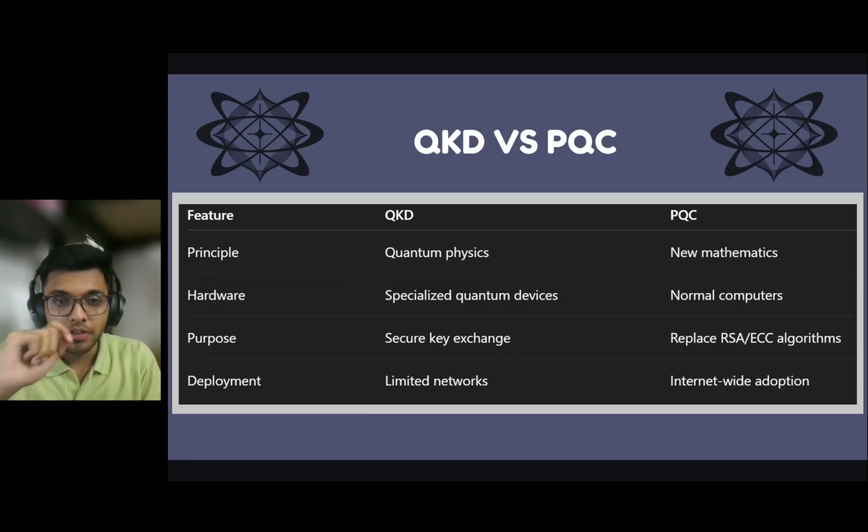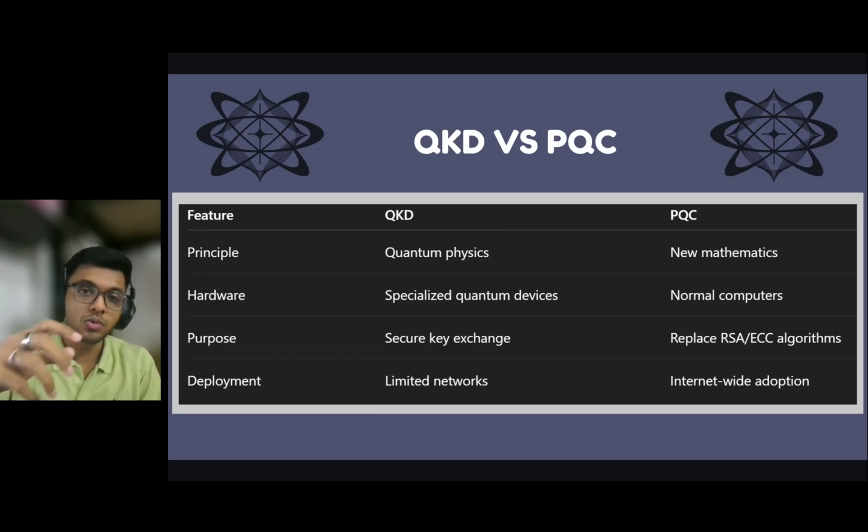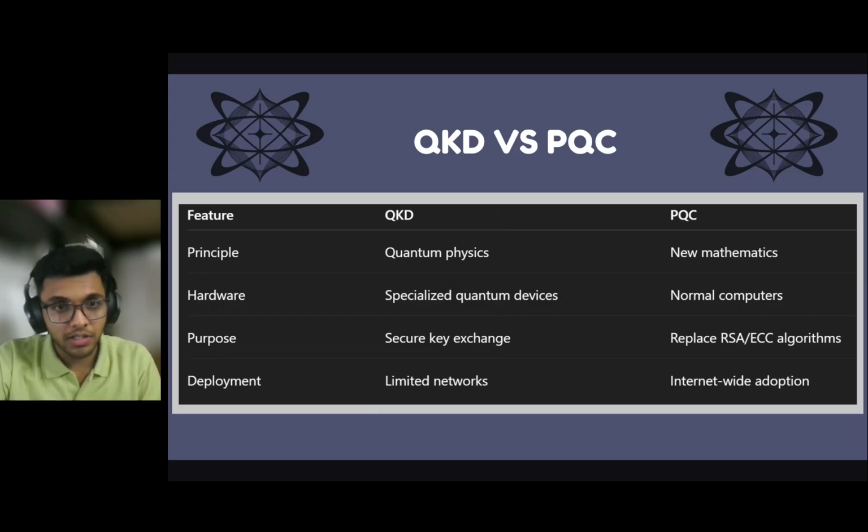What is the purpose here, you might ask? Well, for QKD, the purpose is to secure your key exchange process, which is generally done in your RSA encryption or various other types of encryption, where you have a public or a private key per se. Whereas PQC completely replaces the RSA and ECC algorithms altogether.